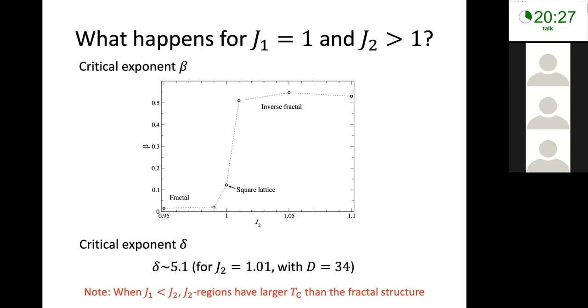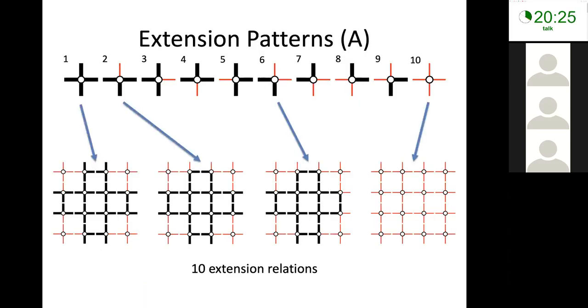Now I would like to talk about the method, which, as the title suggests, is based on multiple extension relations. So we now have multiple local tensors. As in the HOTRG, we represent the partition function as a tensor network state.